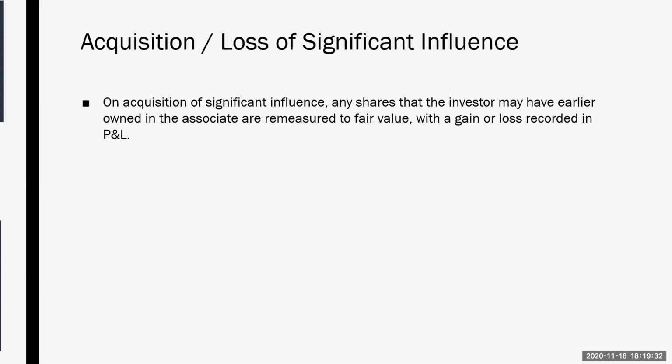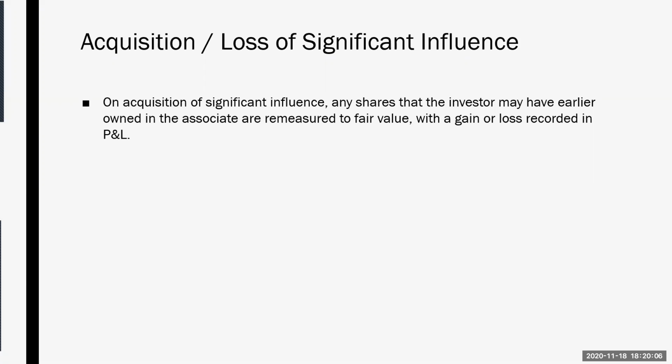And you folks probably even did a question on your midterm. Maybe not, maybe I'm forgetting, but we did an example in class for sure, where I showed how the investor did not have significant influence, later obtained significant influence, and the earlier existing shares are remeasured to fair value on the date of obtaining significant influence, and that resulting gain or loss is booked through profit or loss, i.e. net income.